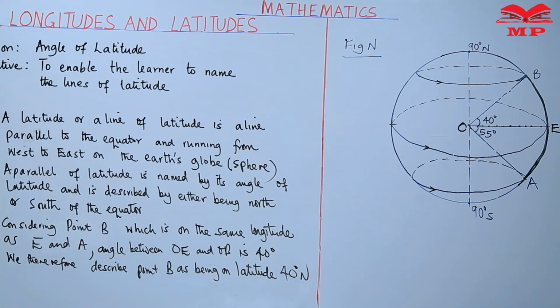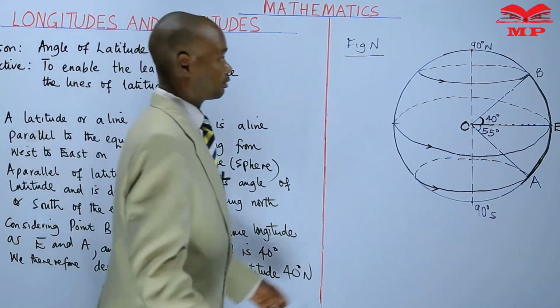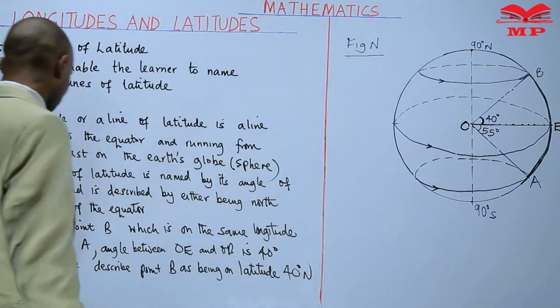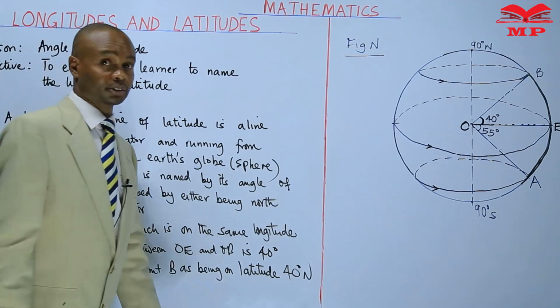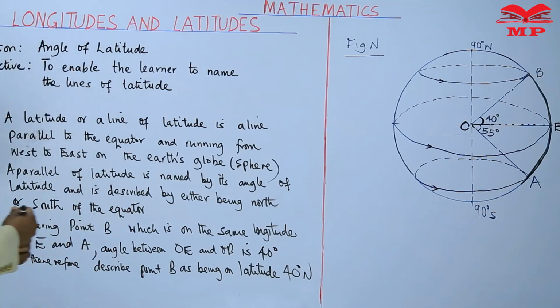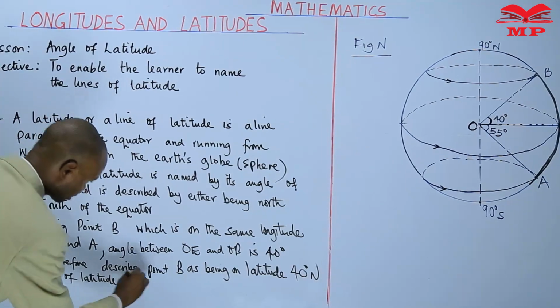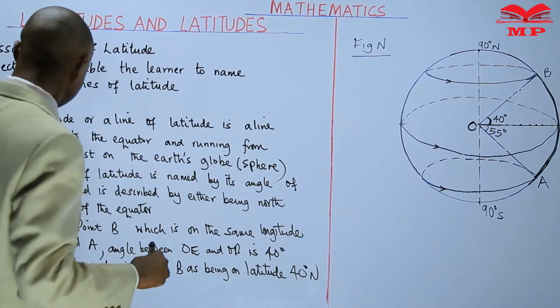So the angle of latitude is 40 degrees. When we describe point B as being on latitude 40 degrees north, the angle of latitude is 40 degrees. But the best description of B is being on that latitude.